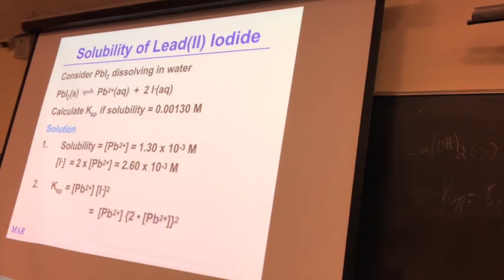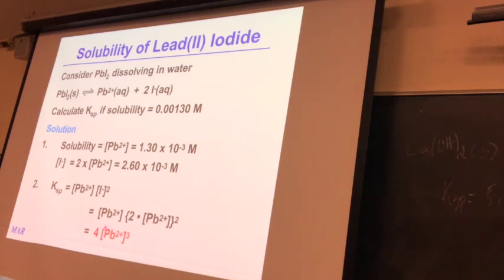But I'm also going to introduce another idea here, and you'll see why in a little bit. Because iodide was 2 times the lead, I can substitute in 2 times the lead for iodide. 2 squared is 4. Lead squared times lead would be lead cubed. Another way to think about this is 4 times the lead ion cubed.